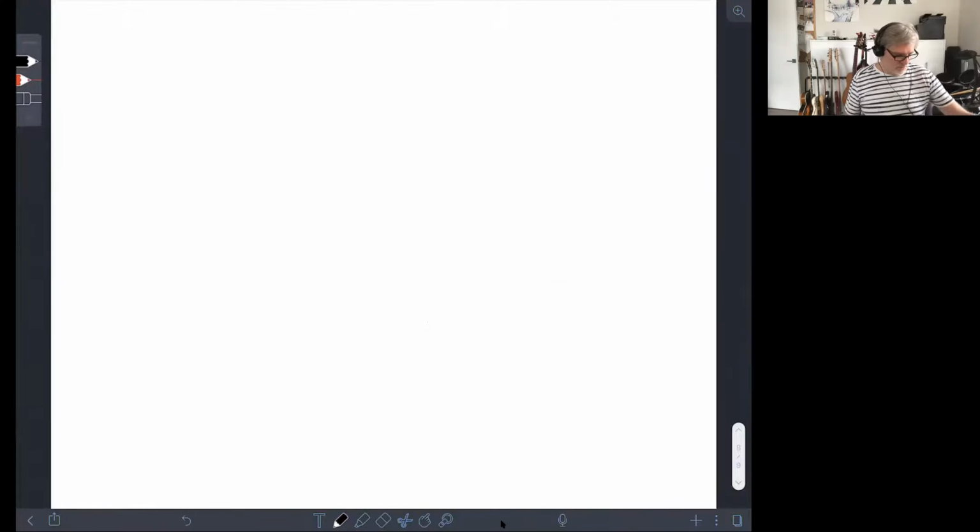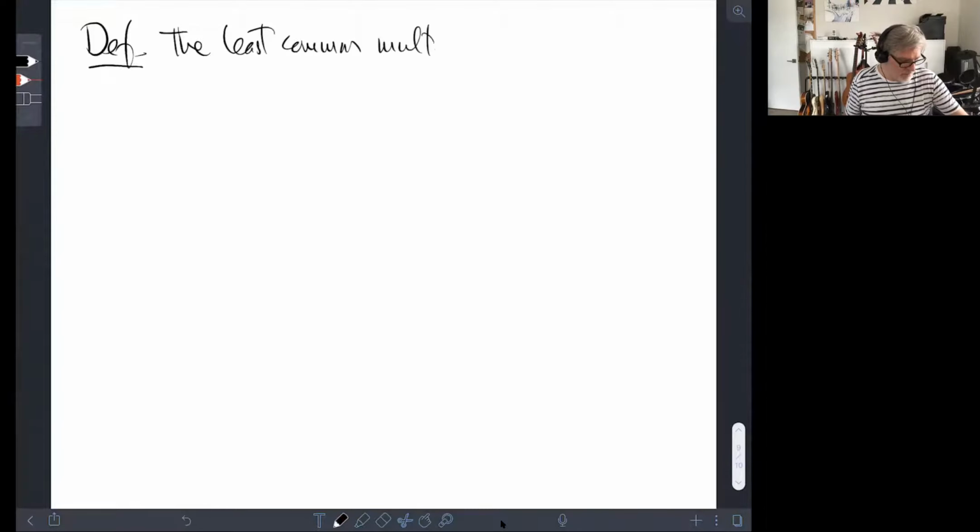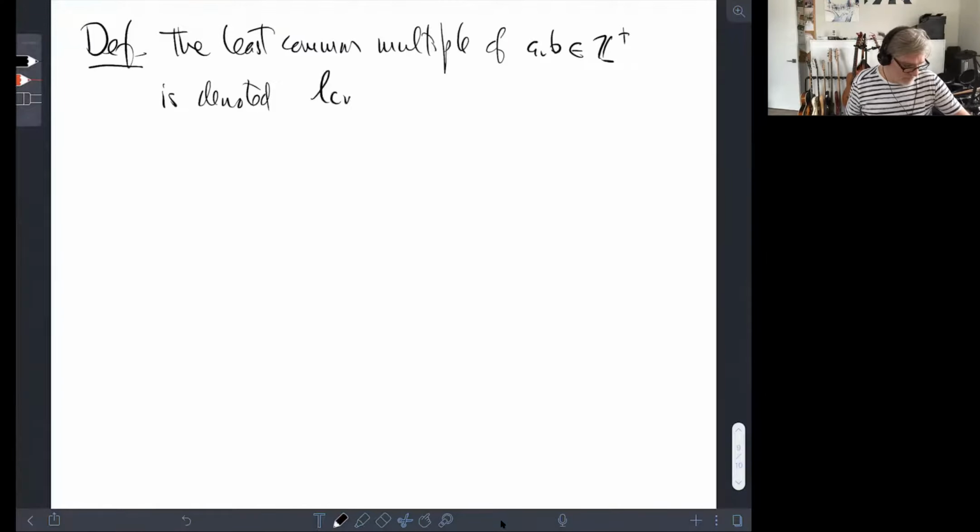So let's go now to the least common multiple, and then we'll connect both. Okay, so the least common multiple of two integers a and b, positive, is denoted LCM of a, b.